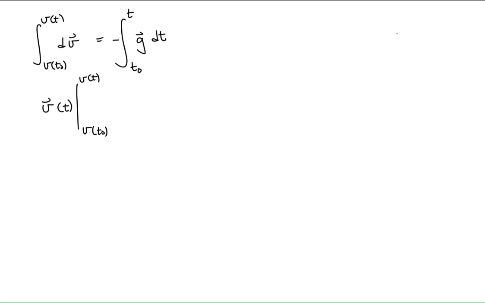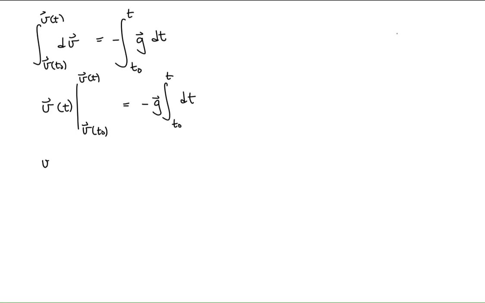And I really should put my velocity vectors here because velocity is a vector and we should indicate that. Now on the right side, the free fall acceleration due to gravity is a constant. So this comes outside of the integral. And we have the integral from t naught to t dt.